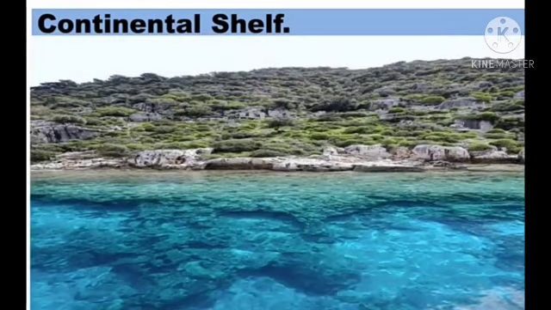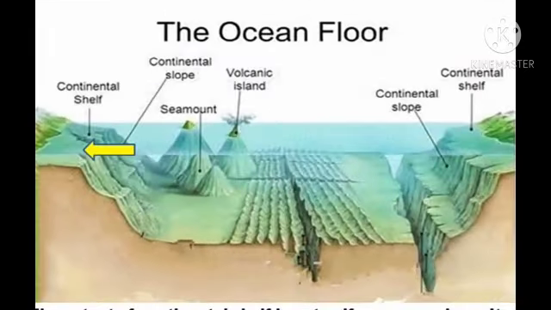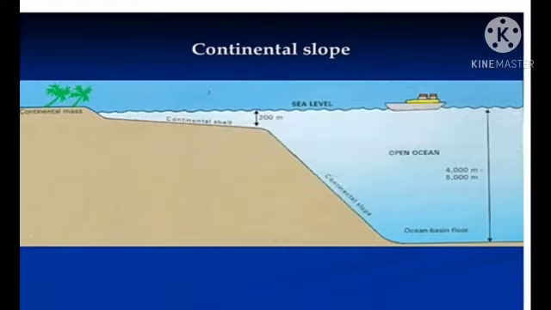Its slope is gentle. The extent of this continental shelf is not uniform everywhere. It is narrow along the coast of some continents, while it is broad for hundreds of kilometers at others. Its depth is up to 200 meters below the sea level.